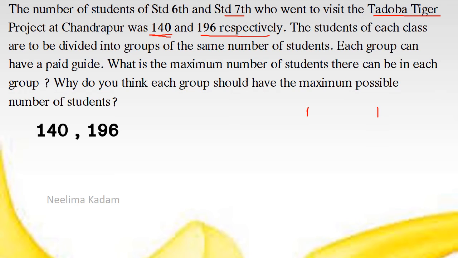1 and 140. Then 2 will be there. So, 2 sevens are 14, 0. Next, 3, 4 plus 1, 5 plus 0, 5, 3 is not possible. 4. 4 3s are 12 and 4 5s are 20. Yes.